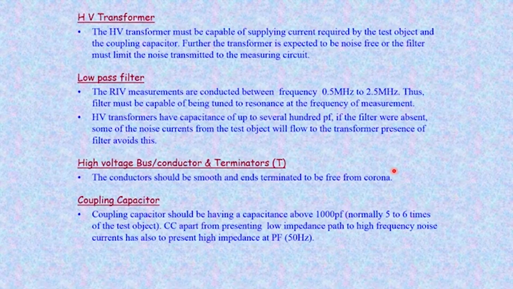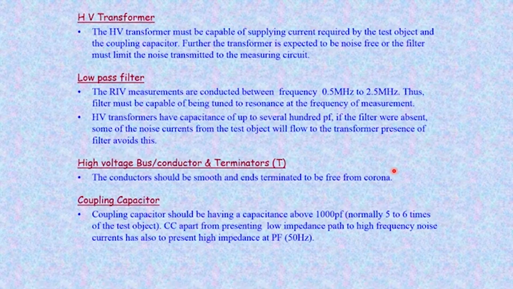And the high voltage bus conductor or terminators, where the T was mentioned in the circuit, the conductor should be smooth, there should be no scratches or projections, so that itself should not be giving discharges. That is one of the reasons why the conductor should be smooth and the ends properly terminated.